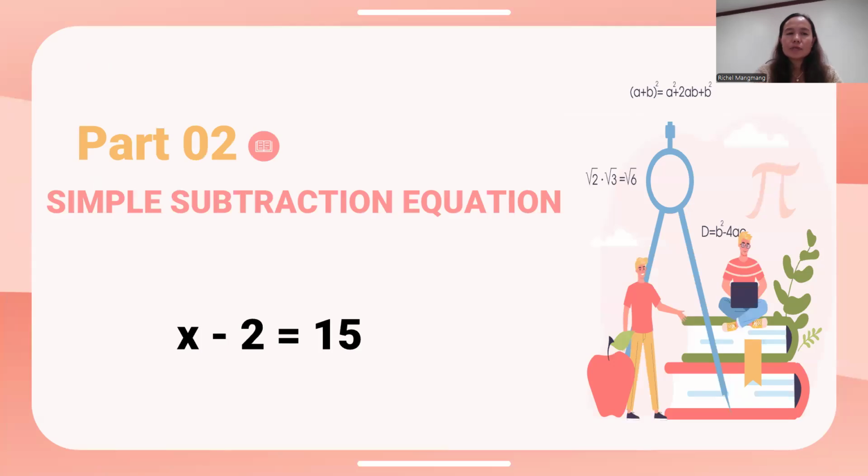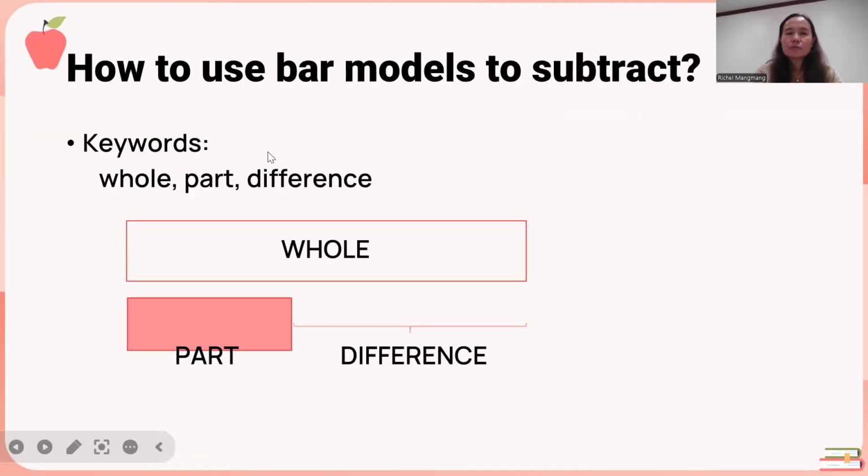Now, let's proceed to part 2, the simple subtraction equation. How to use bar models to subtract. Let us consider the 3 keywords here, which are very important to subtract using bar models: the whole, the part, and the difference. The first one is the whole. When we divide the whole, we have the parts.